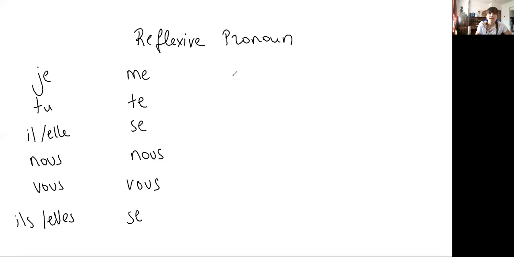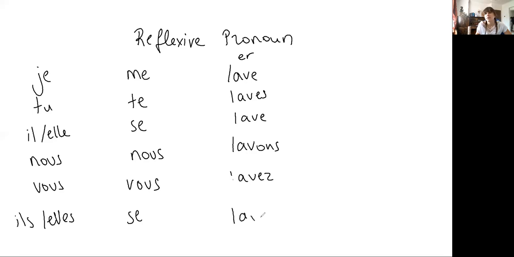And then the verb is going to be the same as what we learned in the present tense before. If it's an ER verb, there will be lave, laves with an S, lave normal, lavons, lavez, and lavent. There we are.